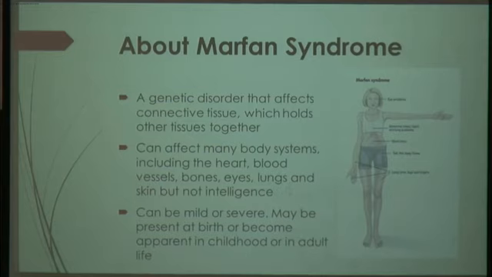It can affect multiple body systems, including heart, blood vessel, bones, eyes, lungs, skin, but usually not intelligence. And it can become mild or severe. It can also happen at birth or later in childhood or adult life.